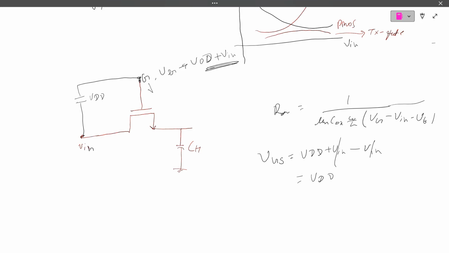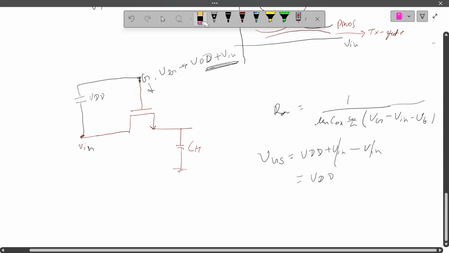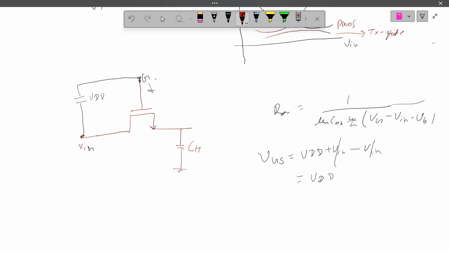Let's remove that part so we will get clarity. It will be Vin plus VDD. So we can replace the battery by the capacitor. A capacitor is a chargeable device, so we can charge it up to the VDD, right? So how do we get the VDD charge on the capacitor?